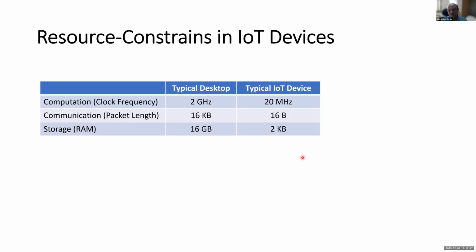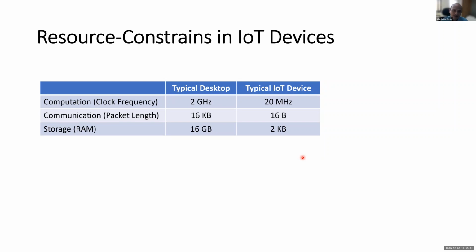And therefore, it is very difficult to run asymmetric key cryptography on a typical IoT device. Given that, if you look into an asymmetric key cryptographic protocol, it is very, very difficult to run on a typical IoT device. What remains is the symmetric key cryptography. There also there are significant challenges in implementing them on these IoT devices, but at least it is feasible to implement symmetric key cryptography on these IoT devices.